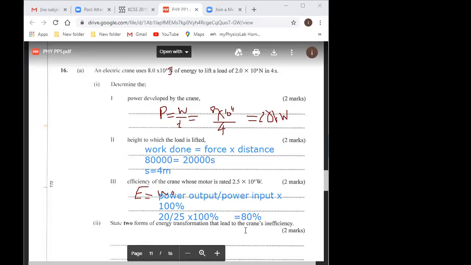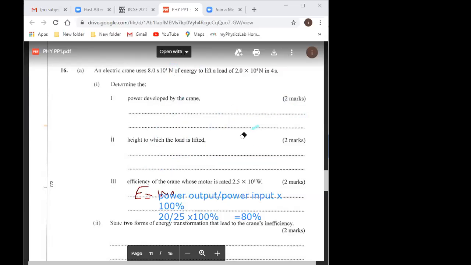Someone has said friction: frictional force between the moving parts. The other one? Heat energy. Also, energy wasted in lifting the movable parts. So those are the ways in which some of the energy is wasted in such a context.